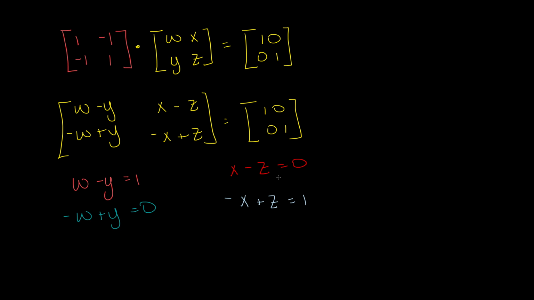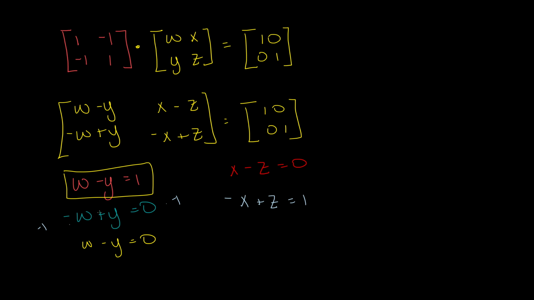Looking at this, if I multiply by -1, then we get W minus Y equals 0, but we've already established that W minus Y equals 1, so it can't be both at once.